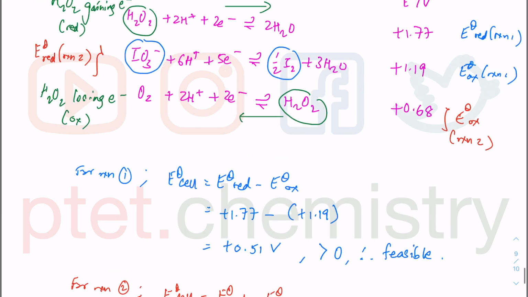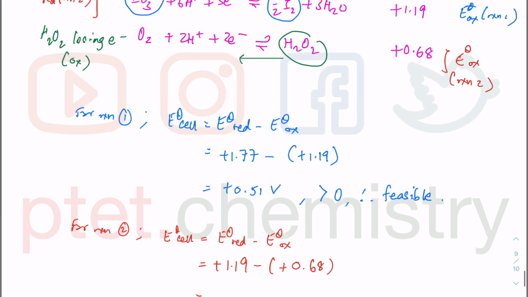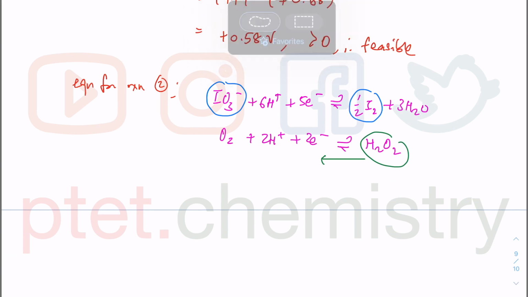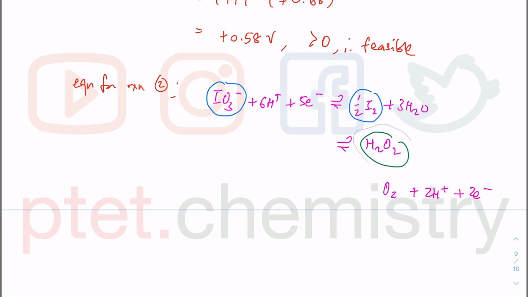So remember that we are trying to do reduction of these, so I can just copy down these two equations, and I'll show you how to combine them without going up and down in that way. So what I want is I want this one as my reactant, so this goes this way, and this one I will try and move to the other side so that I can show the oxidation.